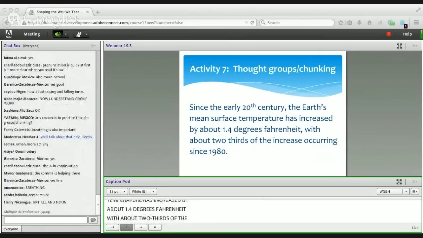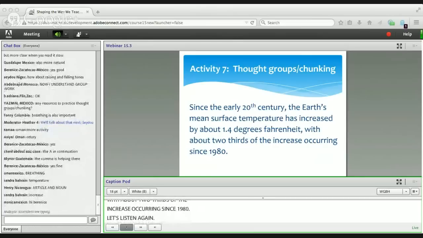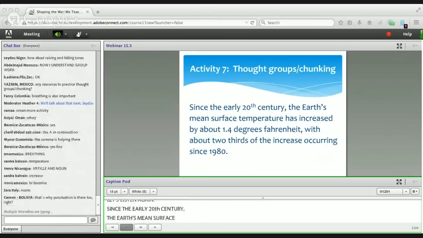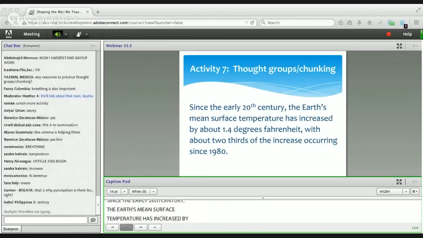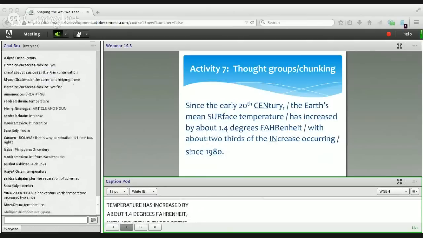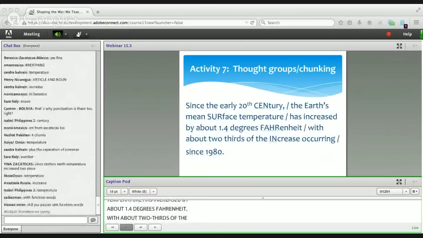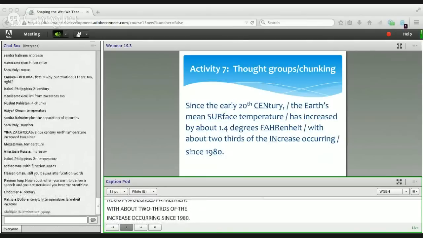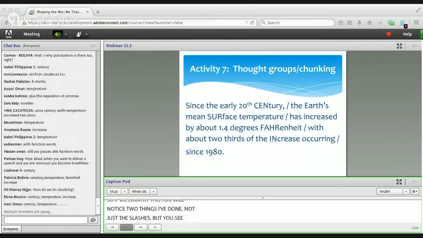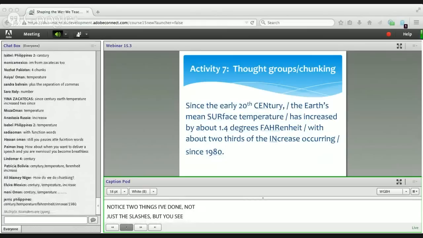Since the early 20th century, the Earth's mean surface temperature has increased by about 1.4 degrees Fahrenheit, with about 2/3 of the increase occurring since 1980. So if we look at this, you're going to notice two things that I've done, not just the slashes, but also you see how I've boldened and made larger one of the syllables in that phrase, because every phrase is going to have a stressed syllable, a primary one.